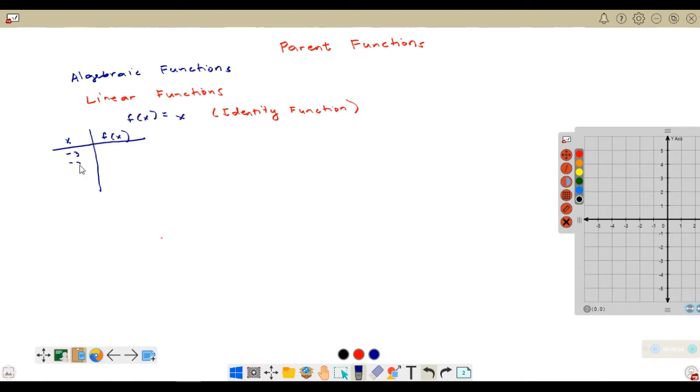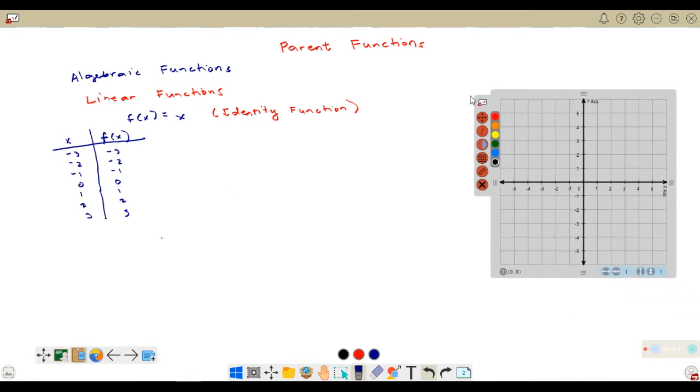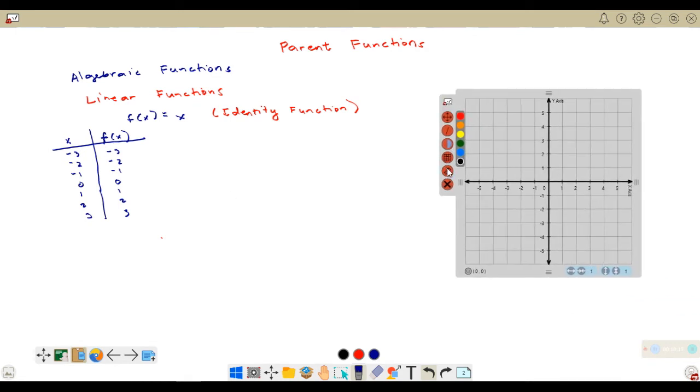Negative 3, negative 2, negative 1, 0, 1, 2, 3. So, pagdating niya dito, for the set of values for f of x, still, it will be negative 3, negative 2, negative 1, 0, 1, 2, 3. So, kaya siya identity function. Your input in x will be the same as your output, f of x.